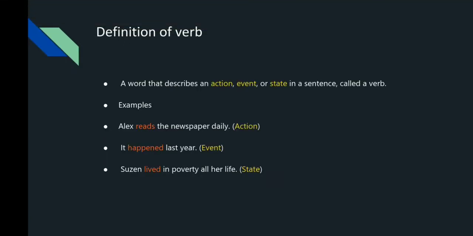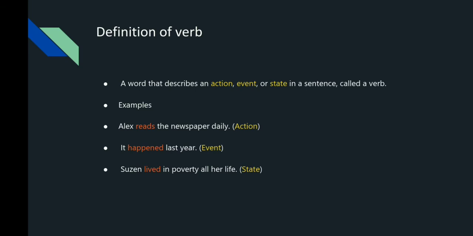First of all, I would like to give you the concept of verb. What is a verb? A verb is actually a word that describes an action, an event, or a state in a sentence. Okay? The word that describes an action, event, or state in a sentence is called a verb. Well, there are some examples which I have given, like Alex reads the newspaper daily.